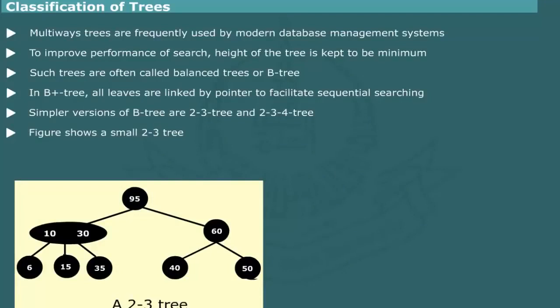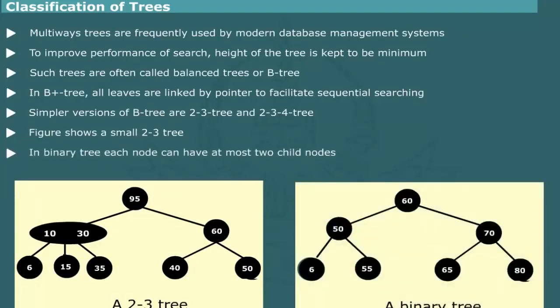A binary tree is the simplest form of tree data structure. In this structure, each node can have at most 2 child nodes. We shall study in great detail the binary tree structure in the subsequent section of the unit. For now, let us briefly look at some of the applications of binary trees.